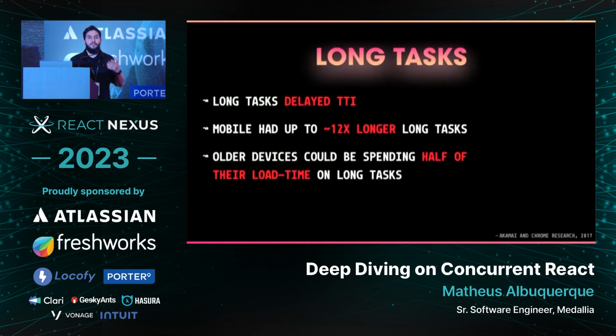Long tasks also mess up your TTI. On mobile, you can have up to 12 times longer long tasks. And on really old devices, a third of the loading time can be spent on processing long tasks. That's really bad.